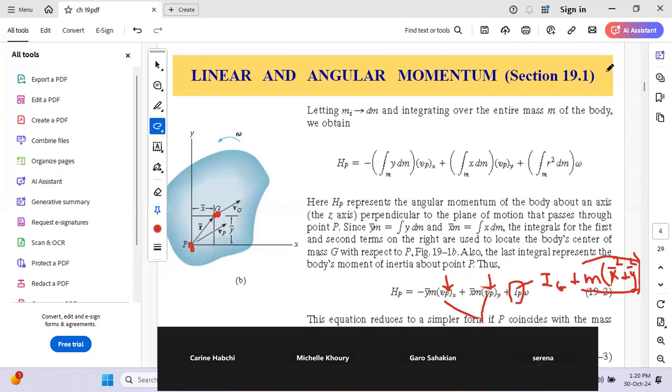You should replace here in this general equation, okay? So in this equation, if you replace VPX by its expression, and you replace VPY by its expression and IP by IG plus m times x bar squared plus y bar squared, I will write it here for you to see it.